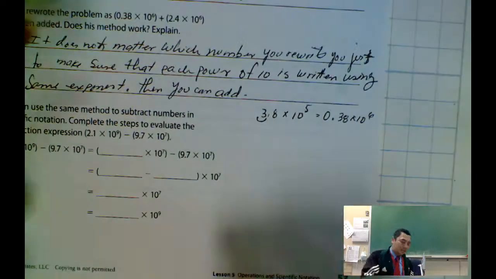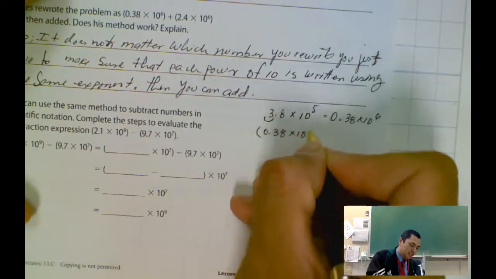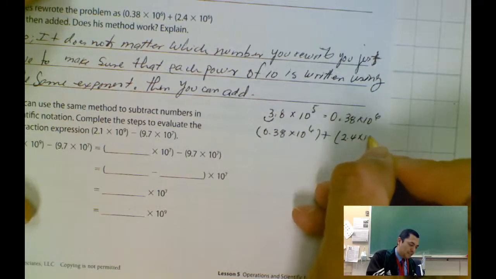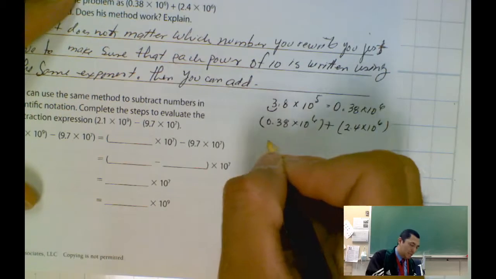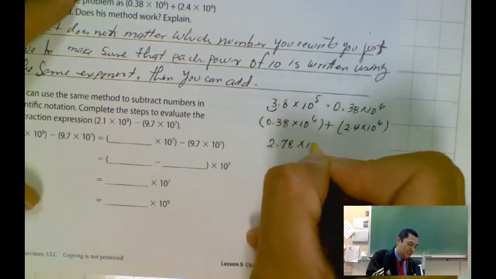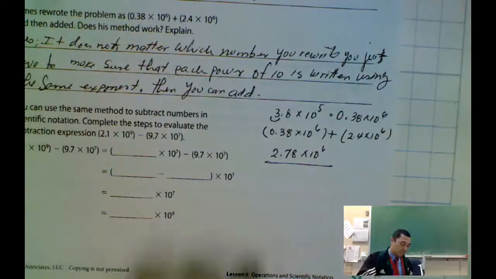And then he added. So then he had 0.38 times 10 to the 6th plus 2.4 times 10 to the 6th, and 0.38 plus 2.4 is equal to 2.78 times 10 to the 6th power. And that's correct. Okay, that's correct.